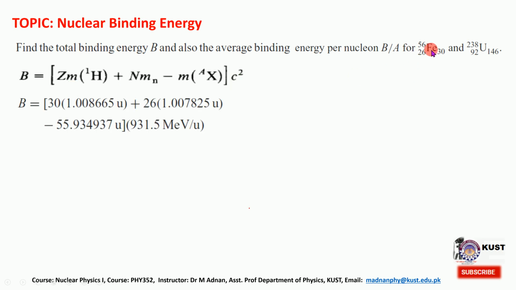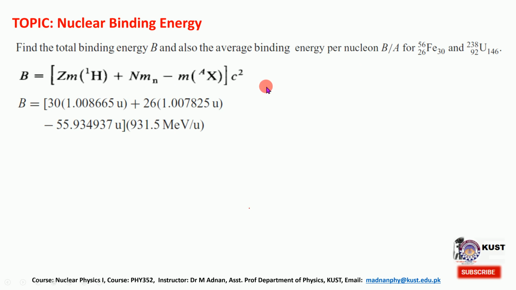For example, with this iron, the Z number is 30, the number of protons, and the mass of a single neutral hydrogen atom is this much, that one can calculate with the help of those conversion factors. The neutron number is 26, and then one needs to multiply with the mass of the neutron, as I have shown you on that previous slide.